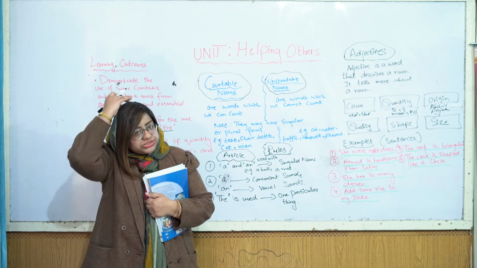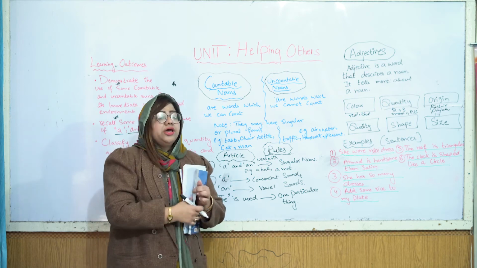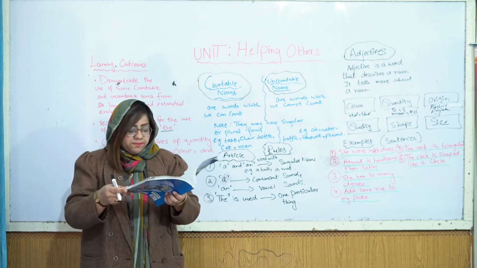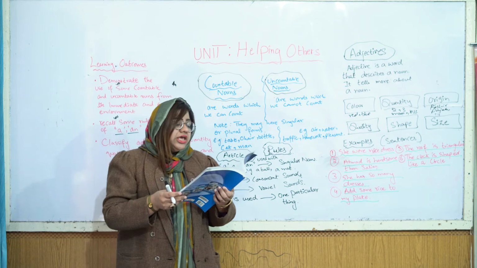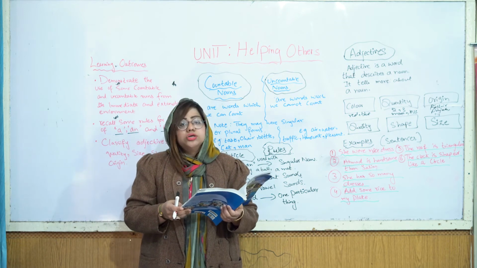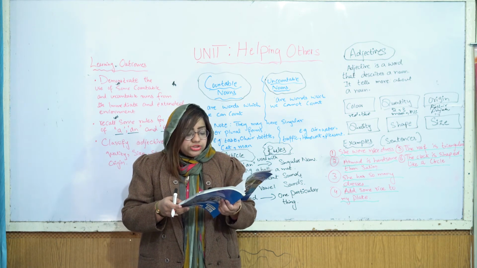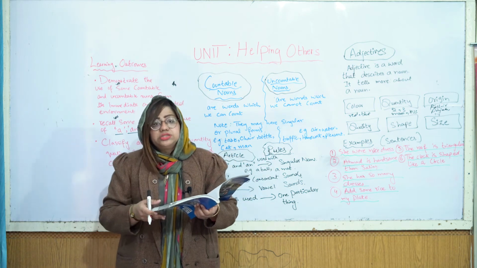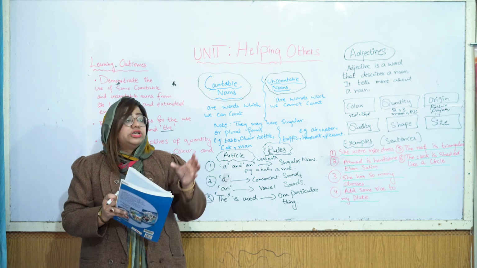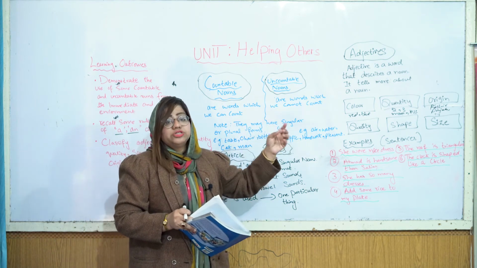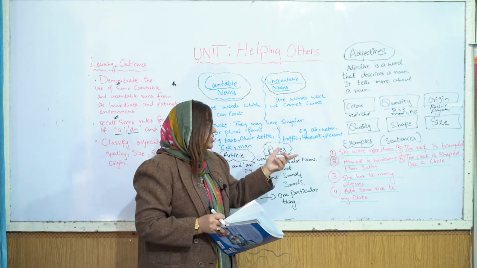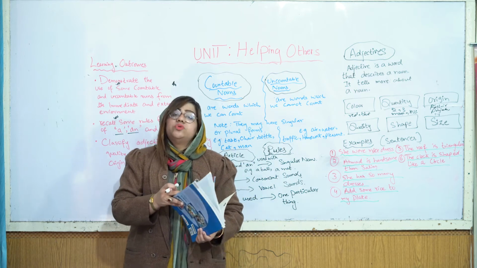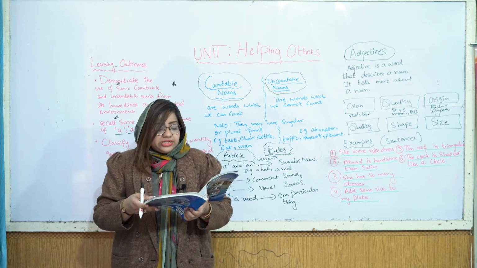Now, here on your book, on page number 9, you can see that given below is a list of adjectives belonging to different categories. You need to categorize the following adjectives, identifying which one is quality, which is quantity, which is color, which is origin, which is shape, and which is size.